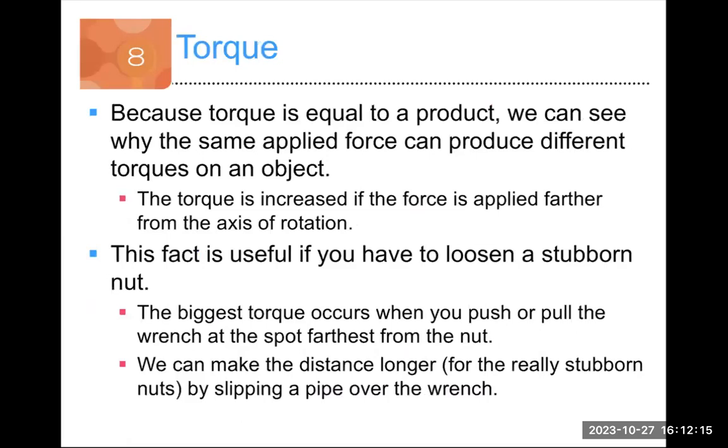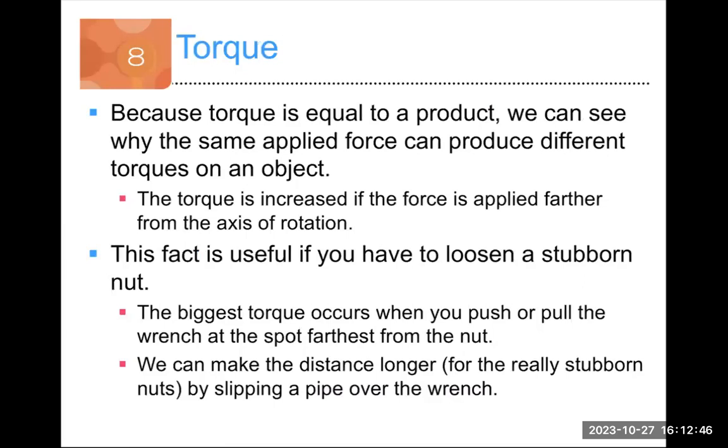The torque is increased if the force is applied farther from the axis of rotation. So if I'm trying to loosen a nut that I can't get off, the biggest torque is going to occur when I either push or pull on that wrench farthest from the spot that's around the nut.